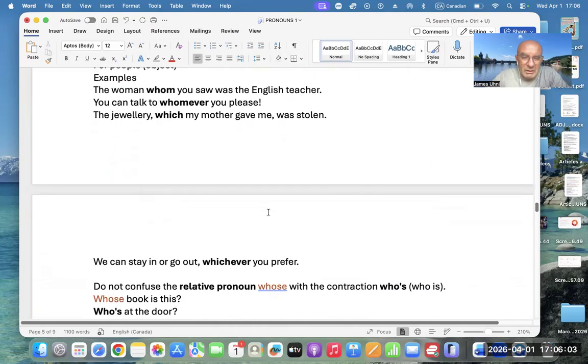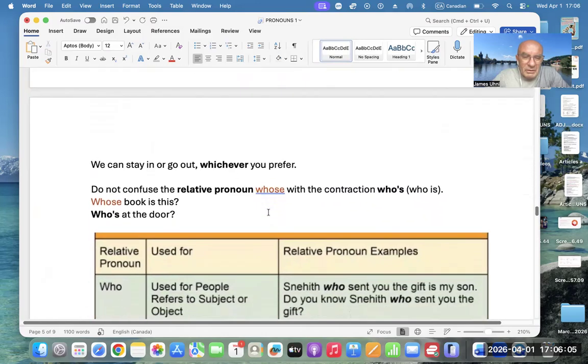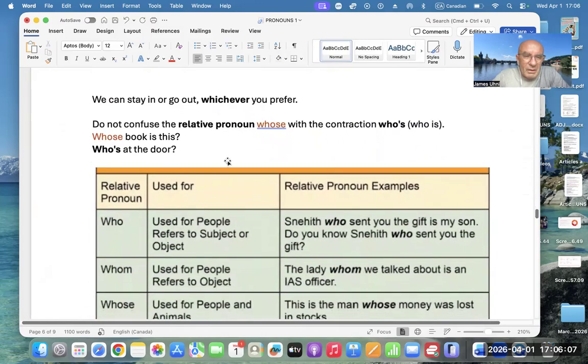So let's see what it will tell us in the table below. We can stay in or go out, whichever you prefer. Now, do not confuse the relative pronoun with the contraction who is. Whose book is this?